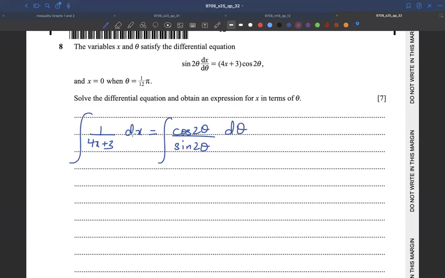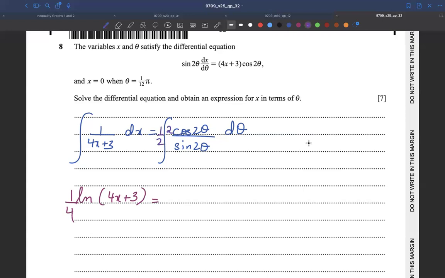So integrating 1 upon 4x plus 3, that becomes ln of 4x plus 3, and the derivative of 4x plus 3 divides, so that will become 1 upon 4 and then 4x plus 3. And the derivative of sine 2 theta is 2 cos 2 theta. But we need a 2 over here, so we'll multiply by and divide by 2 at the same time.